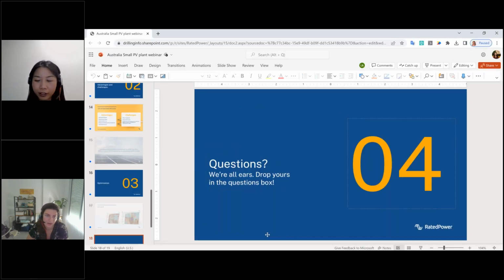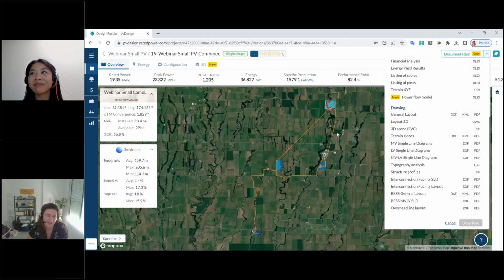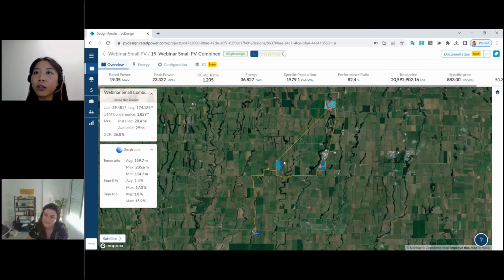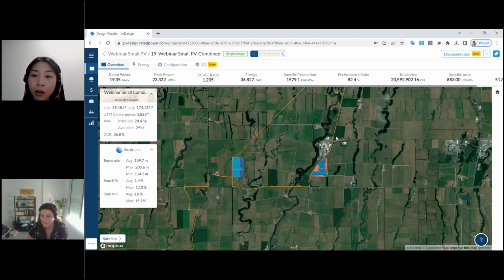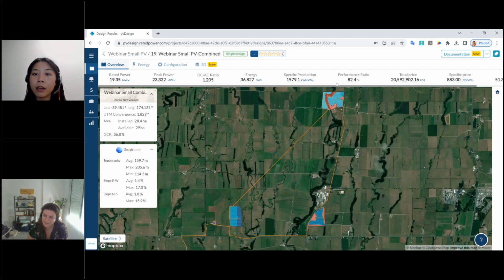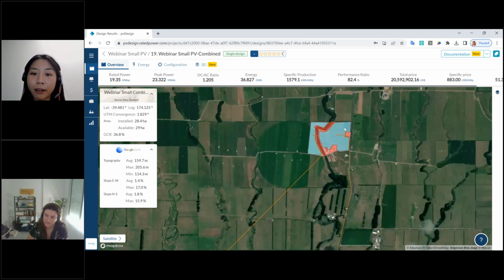I'm having a problem showing this slide, so I'm going to switch back to pvDesign. In terms of the inverter locations, we actually automated it for you, depending on the shortest electrical configuration, the cable size, the cable length, and the best block of structures layout.